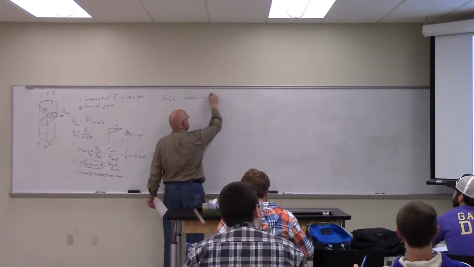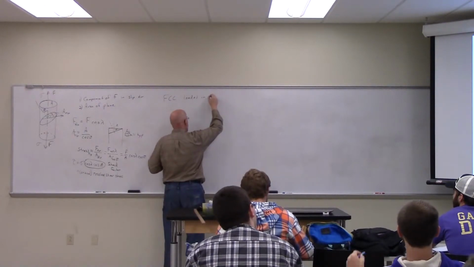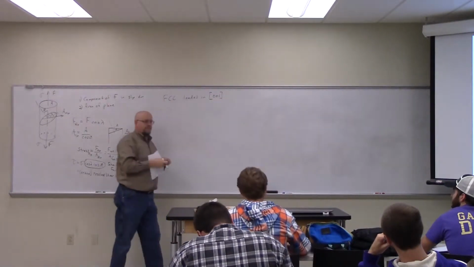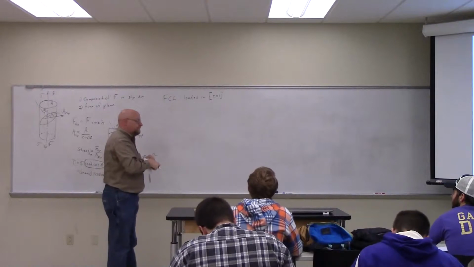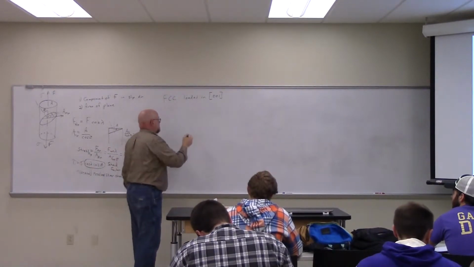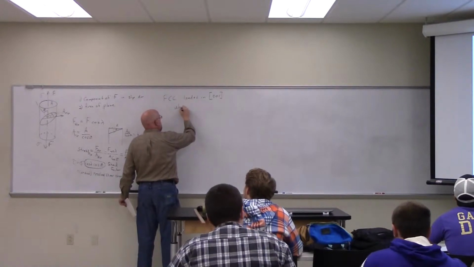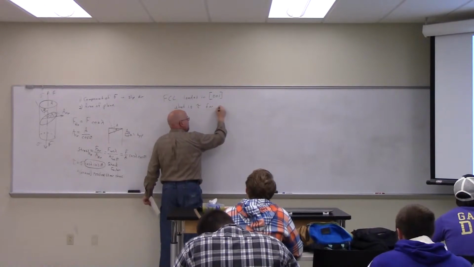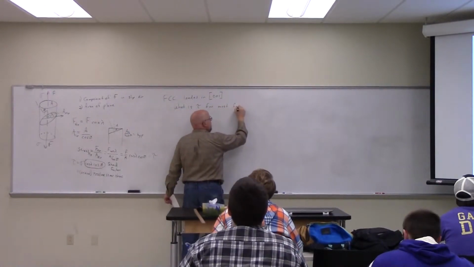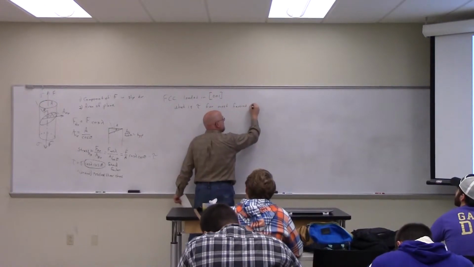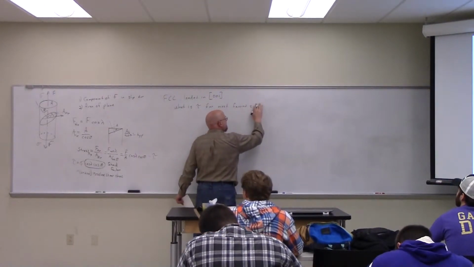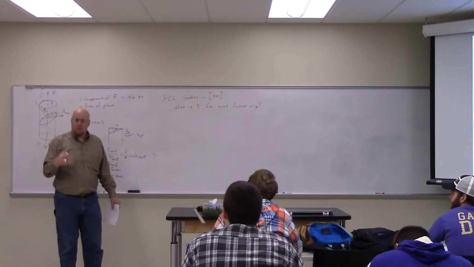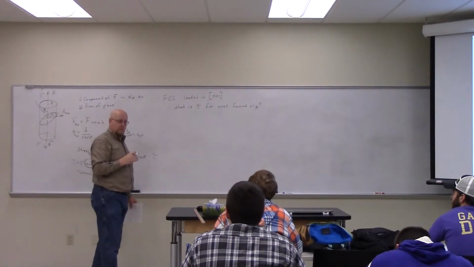Okay, in the 001 direction. And I ask you, what is tau, the shear stress, for the most favored slip? In other words, what is the critical resolved shear stress, the one that's actually going to cause slip to occur?